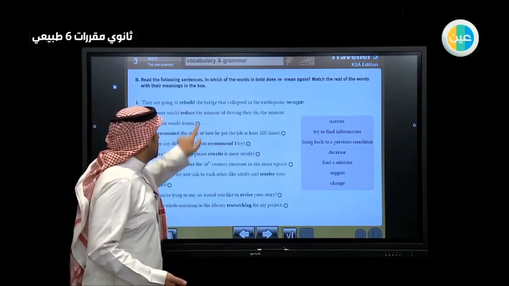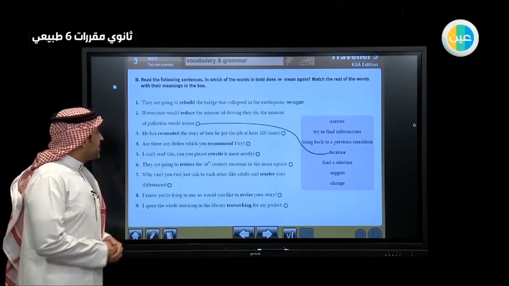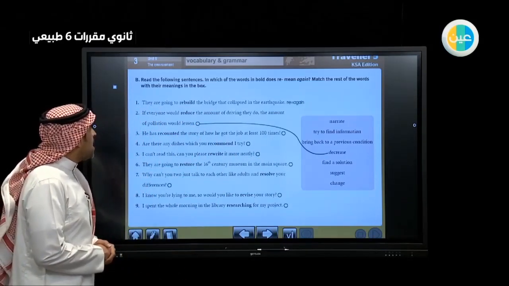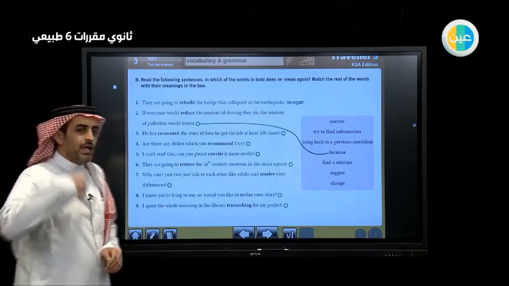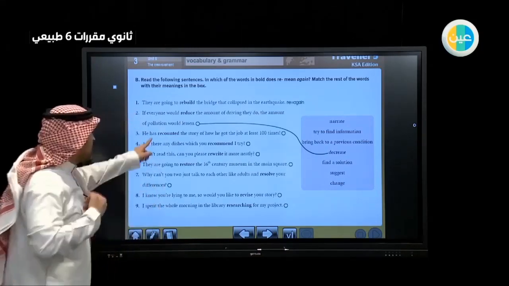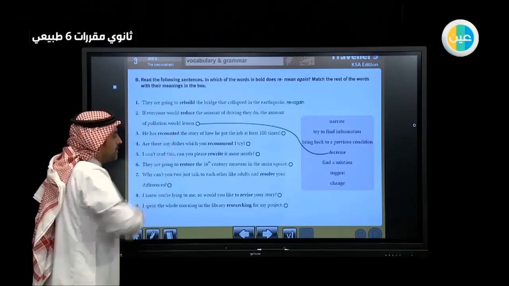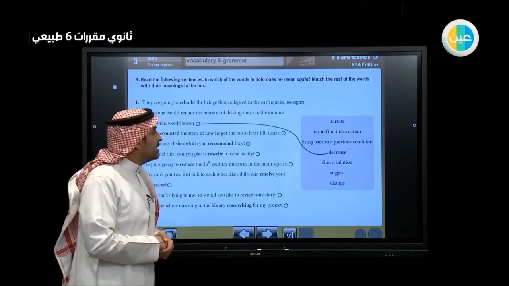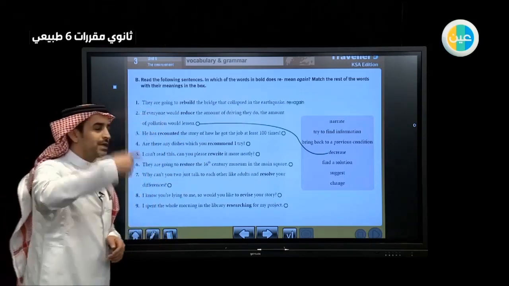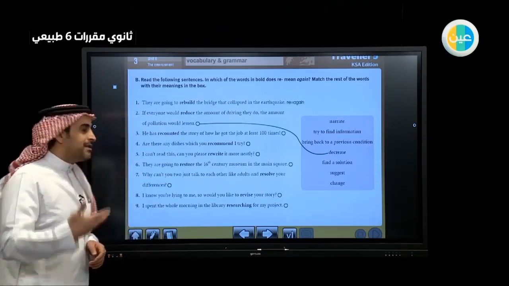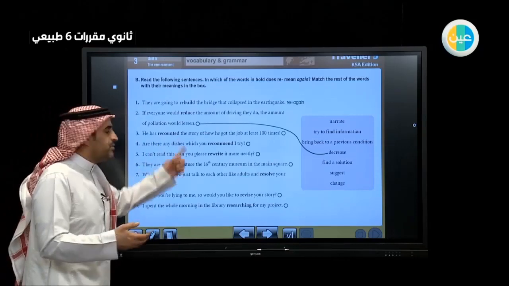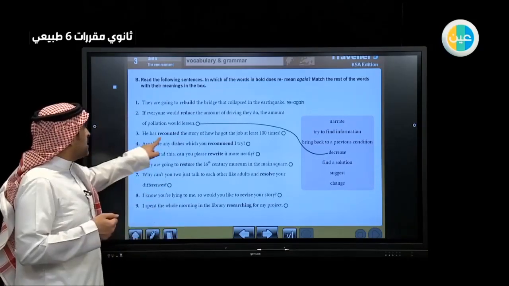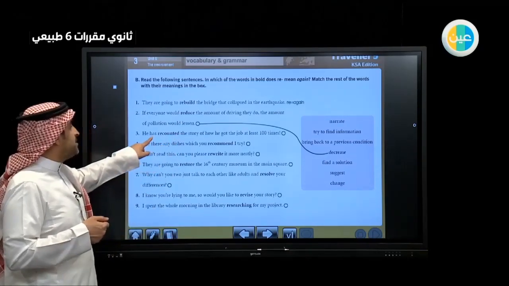Number 3: he has recounted the story. Recounted doesn't mean count again. He recounted how he got the job at least 100 times. He usually tells his story. Recounted doesn't mean again.